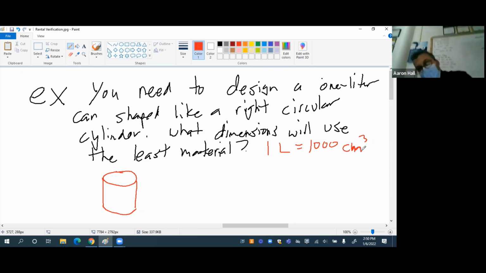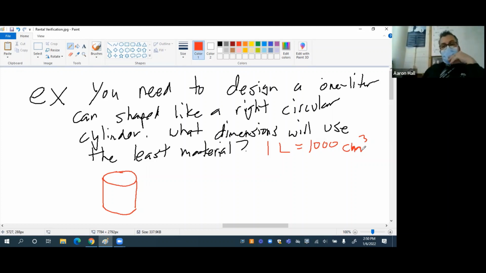First of all, does everybody comprehend what the question is asking? I need to design this can using the least amount of material. Where do I start?